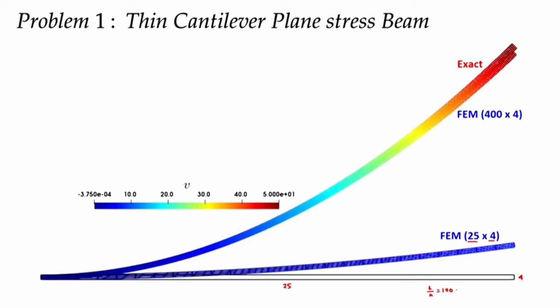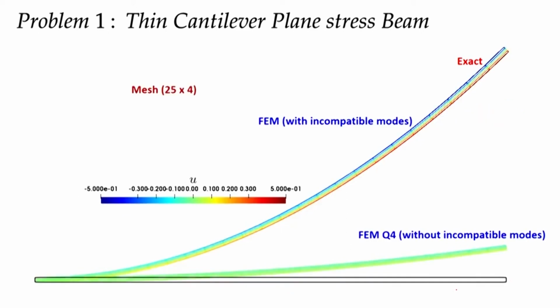Now, instead of using the 4-node quadrilateral element, if I include the incompatible mode into it, for instance, the same standard 4-noded quadrilateral element with the incompatible mode, that is, if I consider my U and V as something like this: U is the summation of Ni Ui, I equals 1 to 4, that is the standard 4-noded quadrilateral, plus the summation of Ni alpha I, I equals 5 to 6.